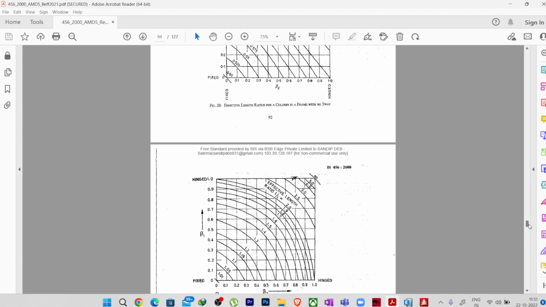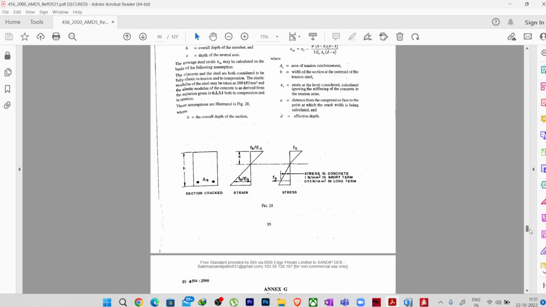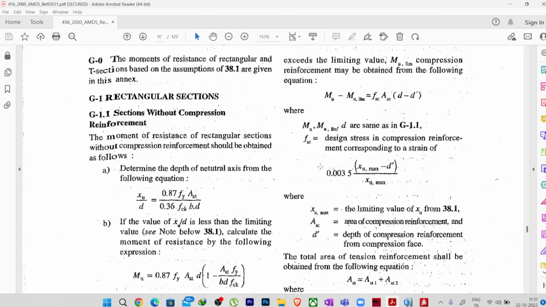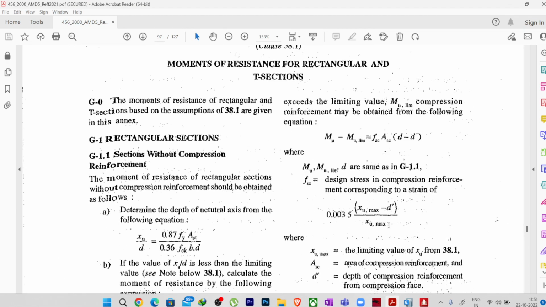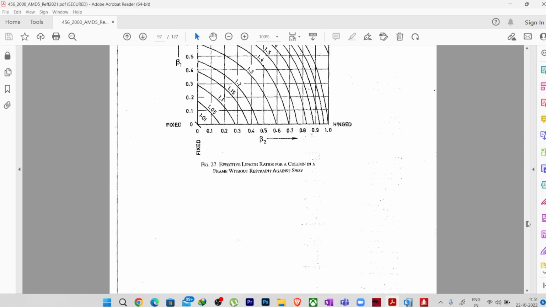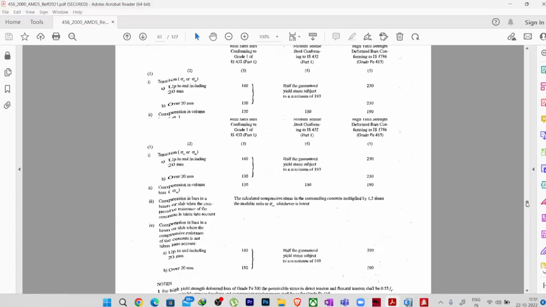Once you have found the strain in compression reinforcement from here, corresponding to this strain value you have to find the FSC, which is my design stress. For this strain value and design stress value, again you have to go to page number 70.